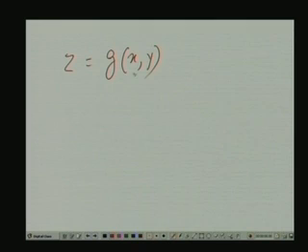So, we are given this, where g is a function of two variables, two random variables x and y.